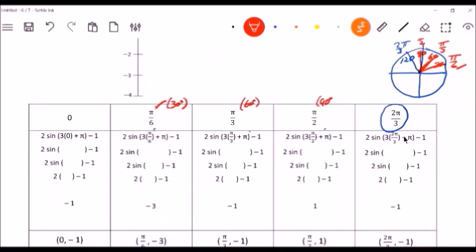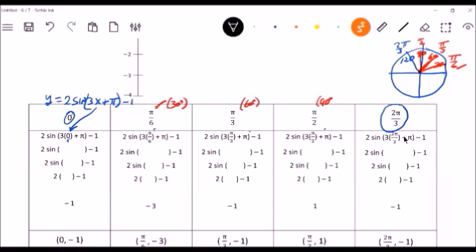And then I started figuring these out. So our function is y equals 2 sine of (3x plus pi) minus 1. So I have 2 sine 3 times x. So this is the x, and I'm choosing 0 for my first one, plus pi.